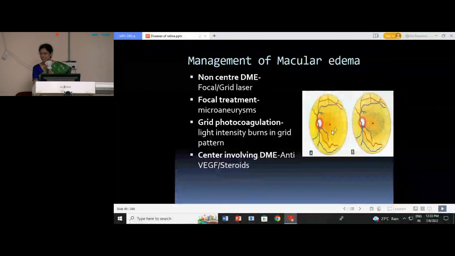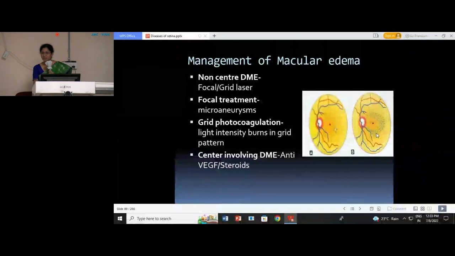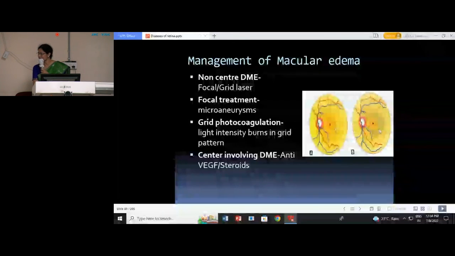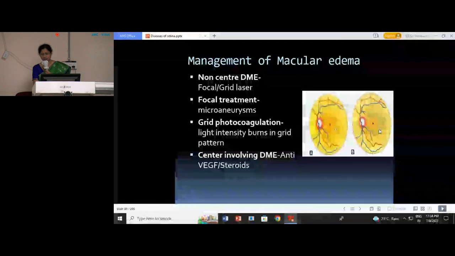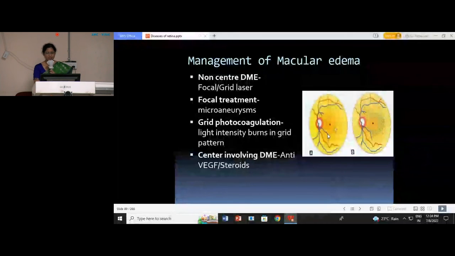For diffuse macular edema, we do grid photocoagulation: low intensity laser burns done in a grid fashion. So this is the focal or grid laser for non-center involving macular edema.